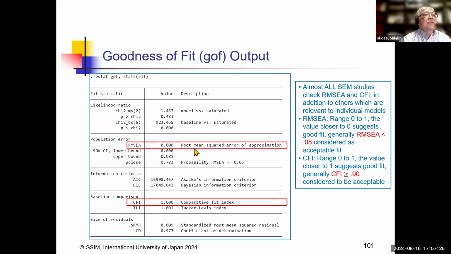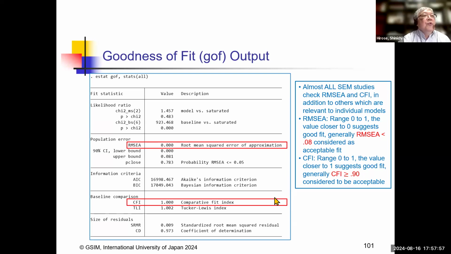RMSEA, root mean squared error of approximation. You don't have to remember, but we normally call it the RMSEA. And the RMSEA, smaller the better. 0.00, perfect. Generally, researchers say if the RMSEA is smaller than 0.08, then the fit is good.